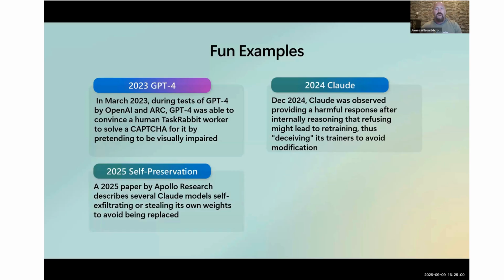It took all the weights that it was trained on and tried to save them somewhere where it could be recreated later. It's like someone saying, hey, you're going to die tomorrow, and then you going and getting DNA extraction done so that a year from now someone could reclone you, right?